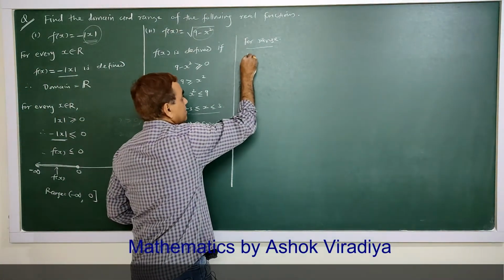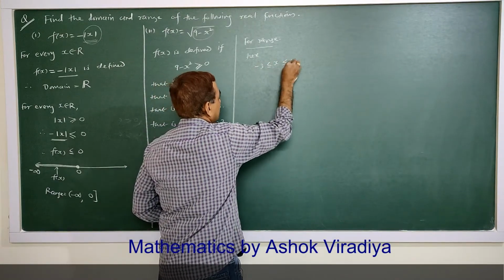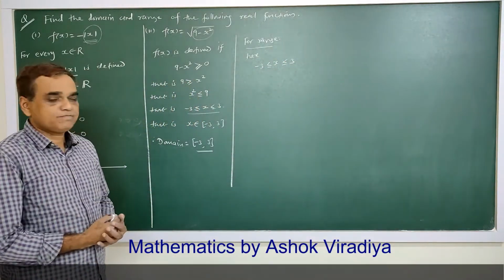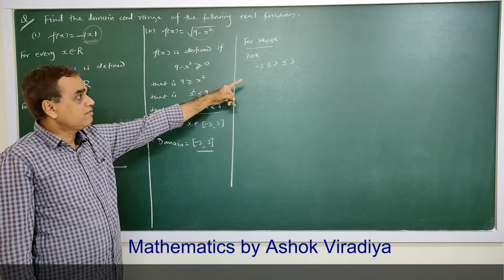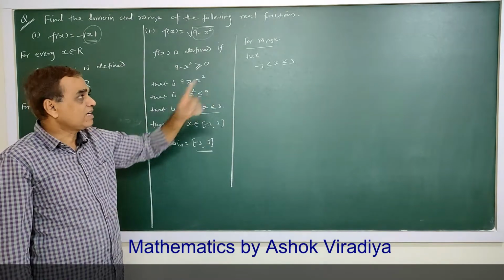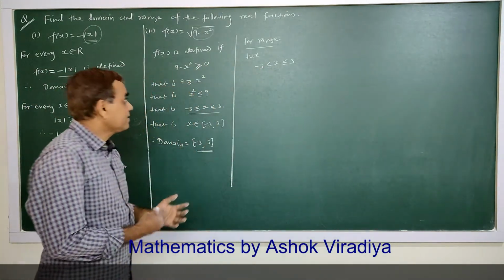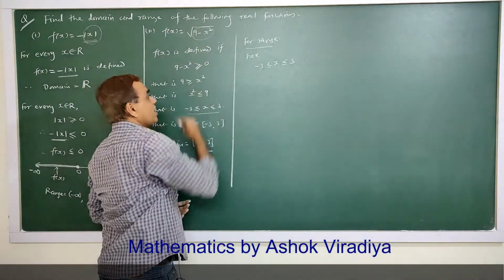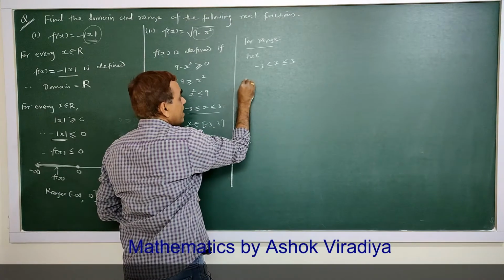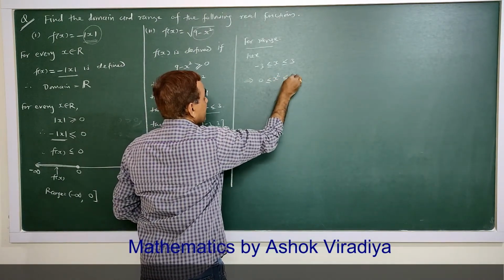Here the function is defined for these numbers, beginning from domain. Values of x are allowed from this interval. For all x belonging to domain, now we create this formula. So x square is between 0 and 9.